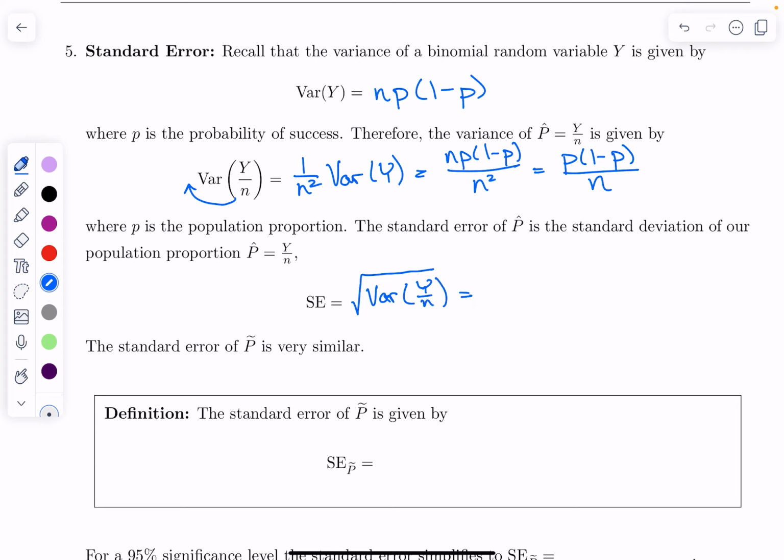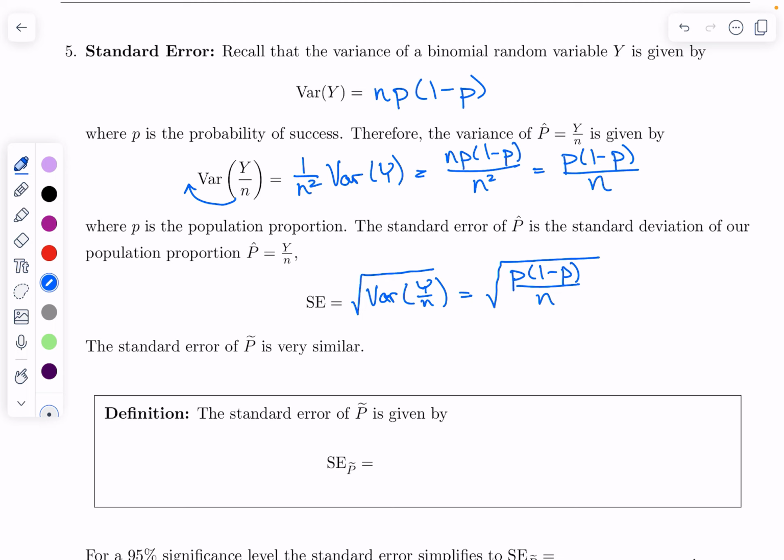And so that's going to be the square root of p times 1 minus p over n. So here we've defined our standard error to be the standard deviation of our population proportion, and it's given by this formula: the square root of p times 1 minus p over n.